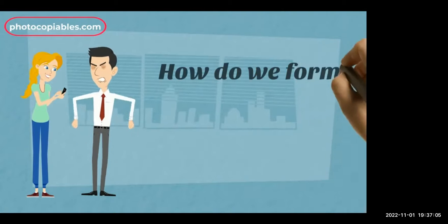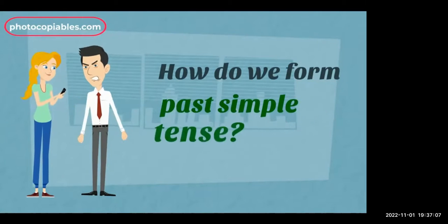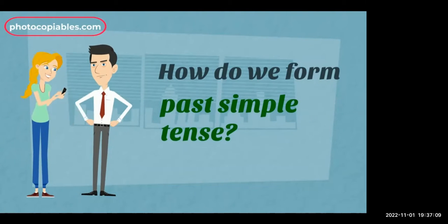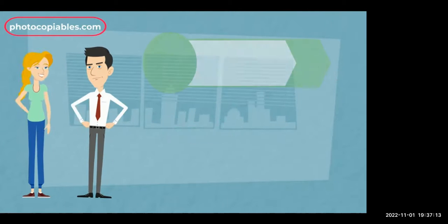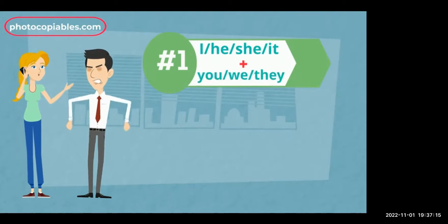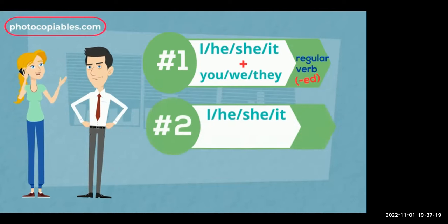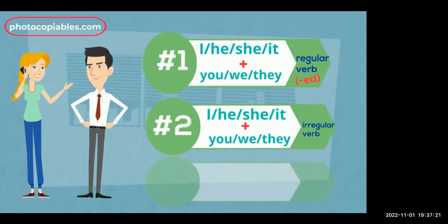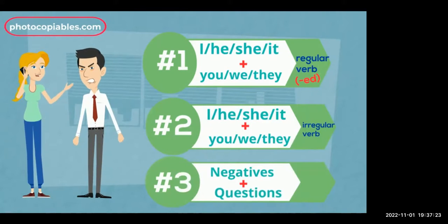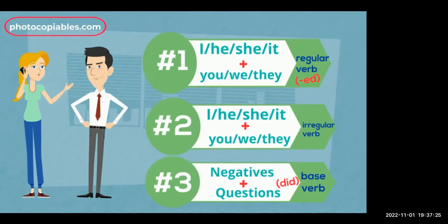How do we form past simple tense? The verb can be either a regular or an irregular verb. It doesn't change with the subject. In negatives and questions, you need the base form of the verb with the helping verb did.